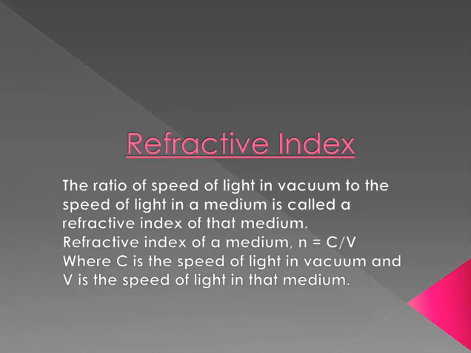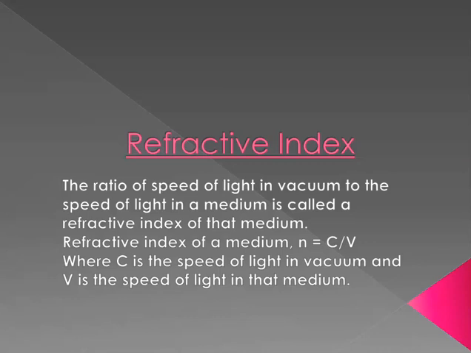So what is the formula for the refractive index? Refractive index is equal to speed of light in vacuum or air or free space divided by speed of light in a medium. Here the symbol for the refractive index is n.